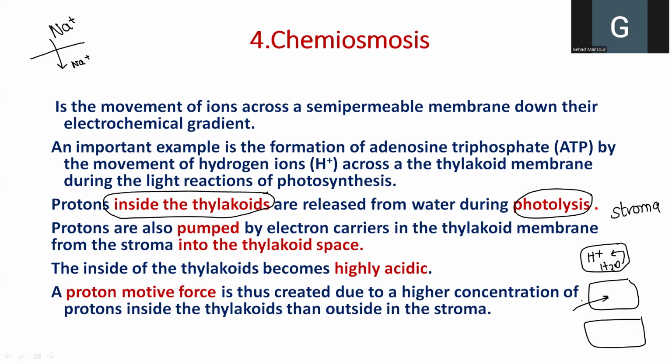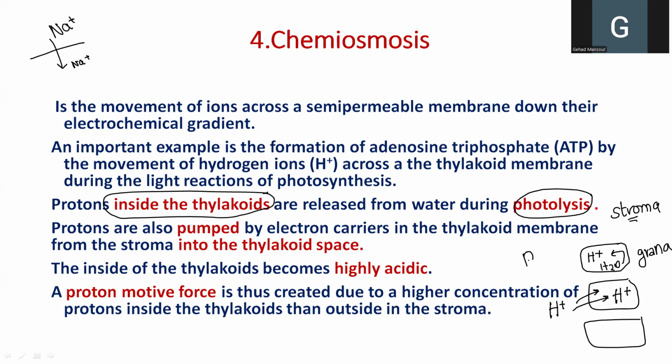But protons are also brought inside the thylakoids by being pumped from the stroma into the thylakoid. So we have two main sources for the protons inside the grana or the thylakoids.